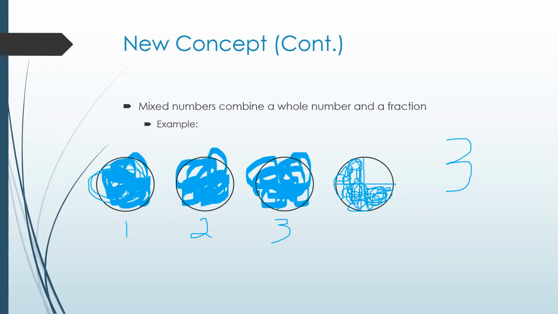Then I look at the circle that's not totally filled in, this one right here, and I figure out what fraction of this circle is filled in. I had split it into 4 pieces, so that makes my denominator 4, and there are 3 of the pieces filled in, so my numerator would be 3. So this picture represents 3 3/4. That is a mixed number.